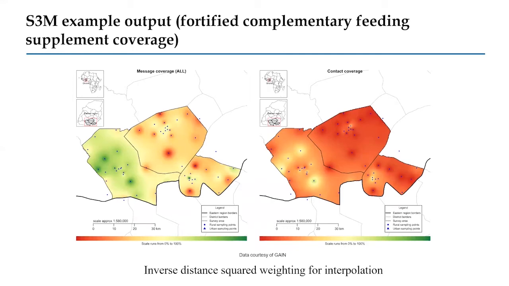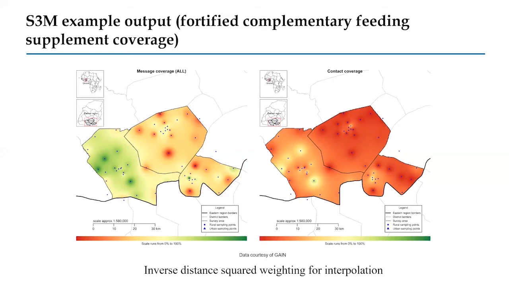This is in southeast Ghana, in three counties, they call them, or districts. I think they're three administrative districts. And here we can see on the left-hand side the message coverage. So have people heard of the product we're trying to get them to use?